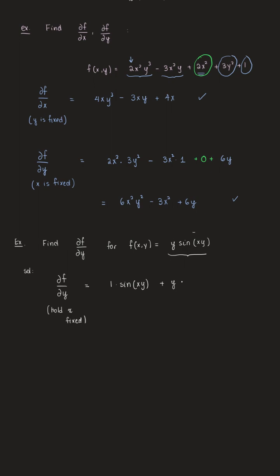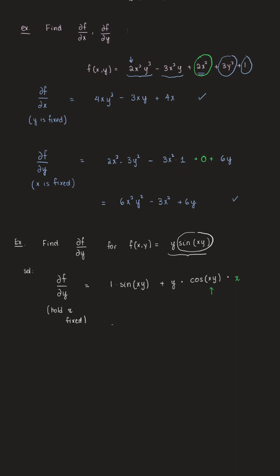And in taking the derivative of sine of xy, we're going to apply the chain rule. The derivative of the outside function is just cosine, evaluated at xy, and now we multiply by the derivative of the inside. But here what's interesting, remember, we're looking for the partial derivative with respect to y, so x is fixed. So the derivative of xy is just x, a constant.